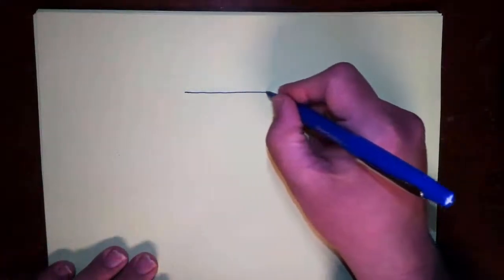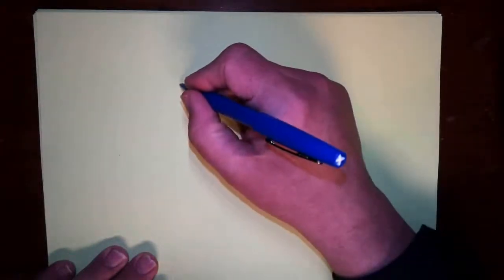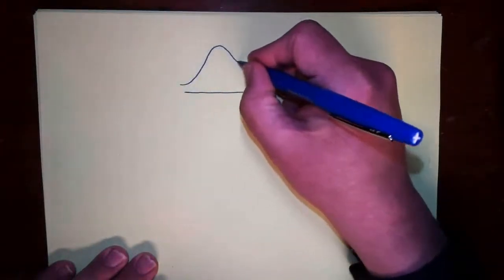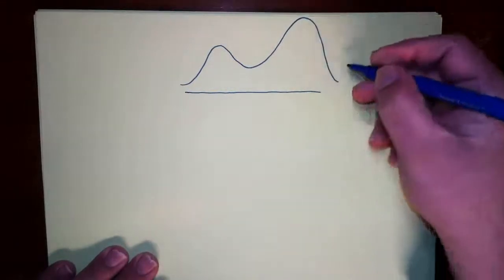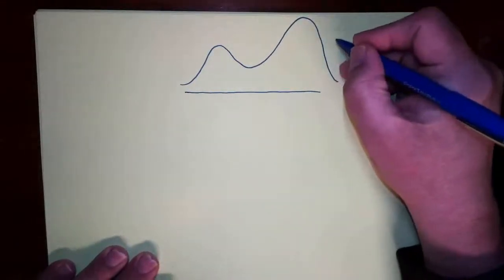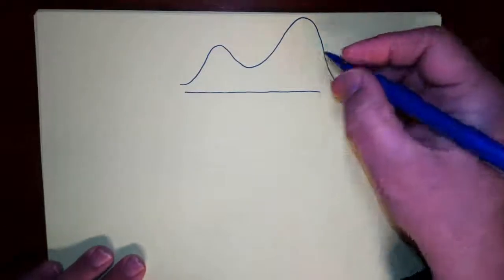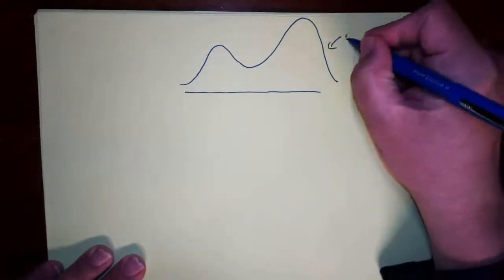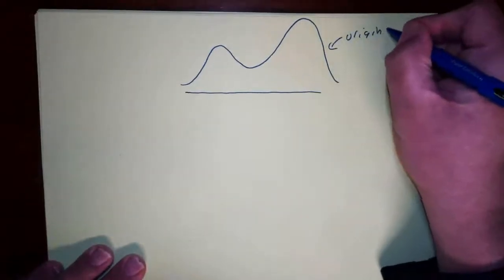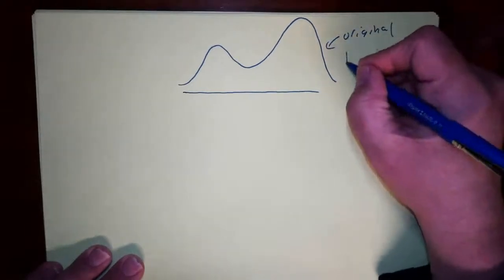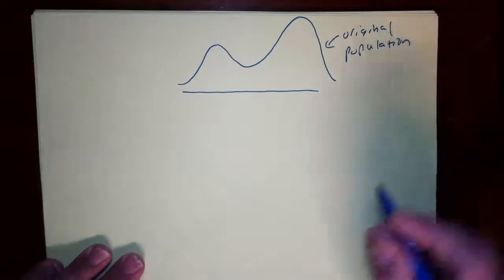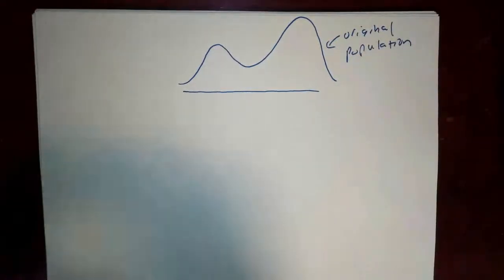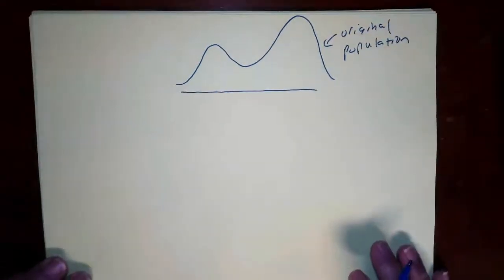So let's say my original population here is not normal. Maybe it might have two big humps like that. This is a bimodal population. So we'll say this is the original population, and it is not normal. It's very not normal.